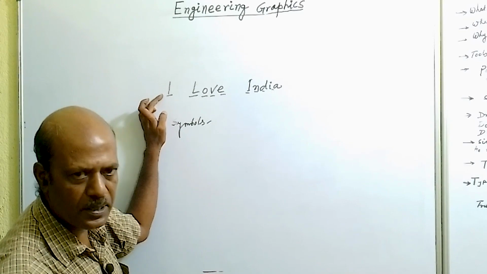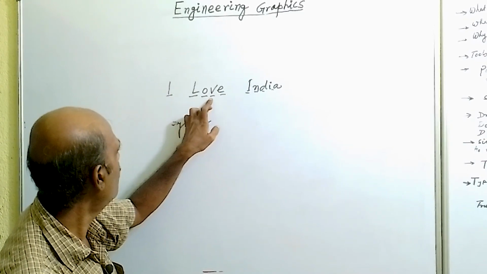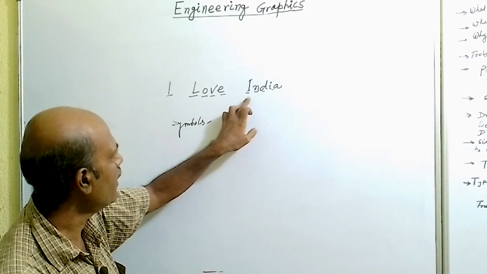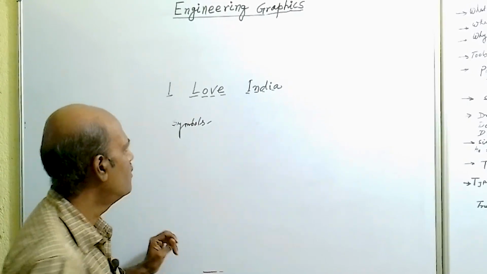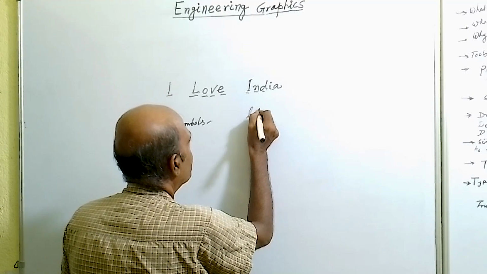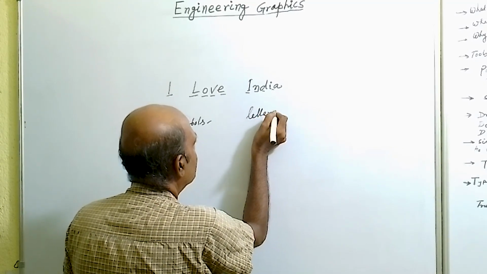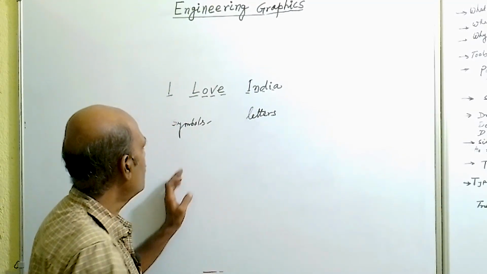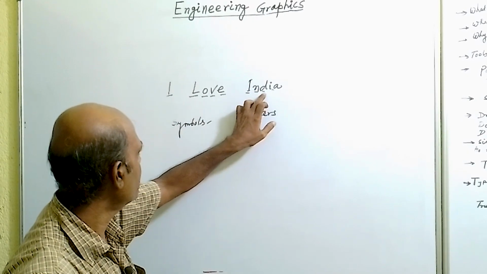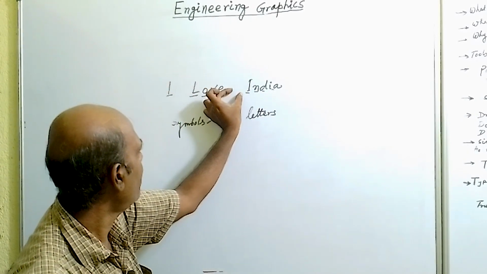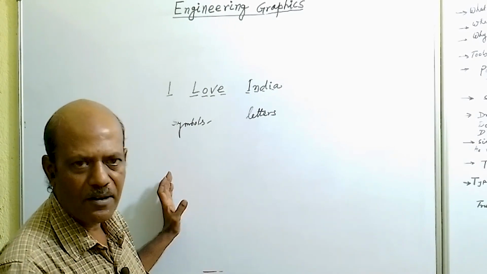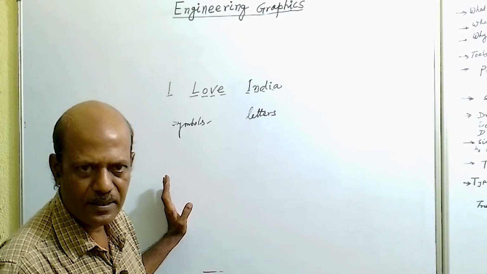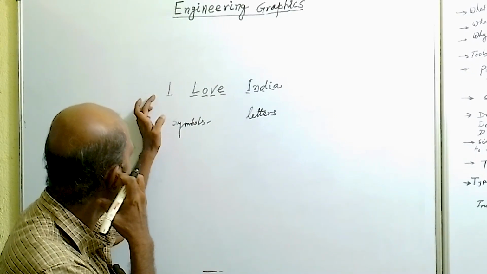So in English language, these I, L, O, V, E, these are all the symbols, or we are telling letters. So when these letters are placed side by side and maintain this gap, so that means I can communicate something by this sentence.